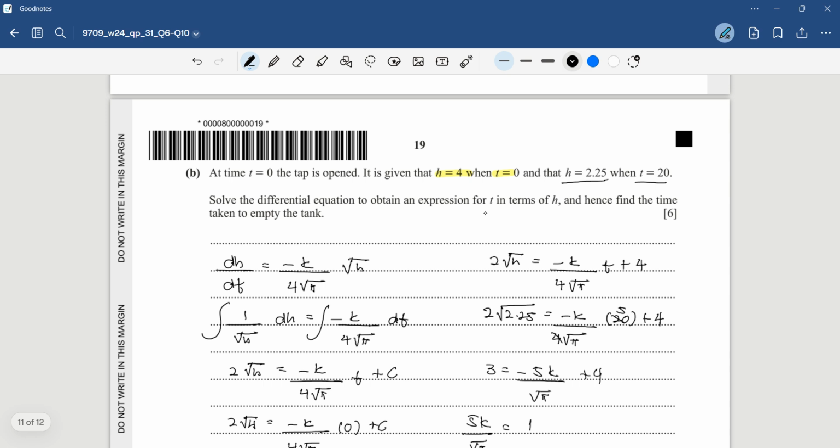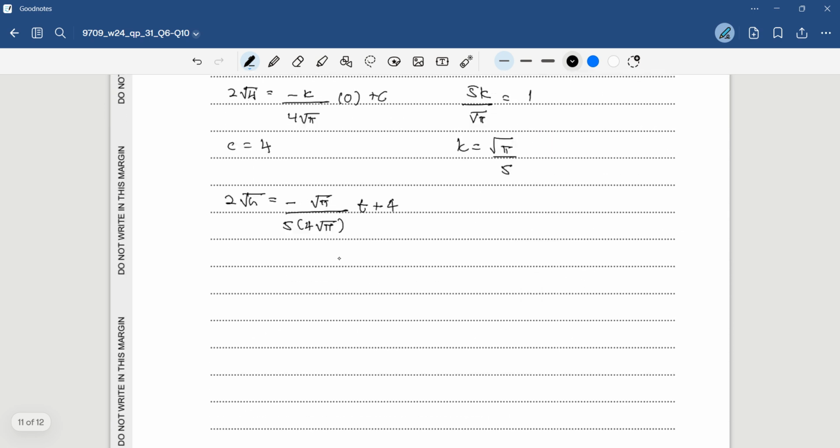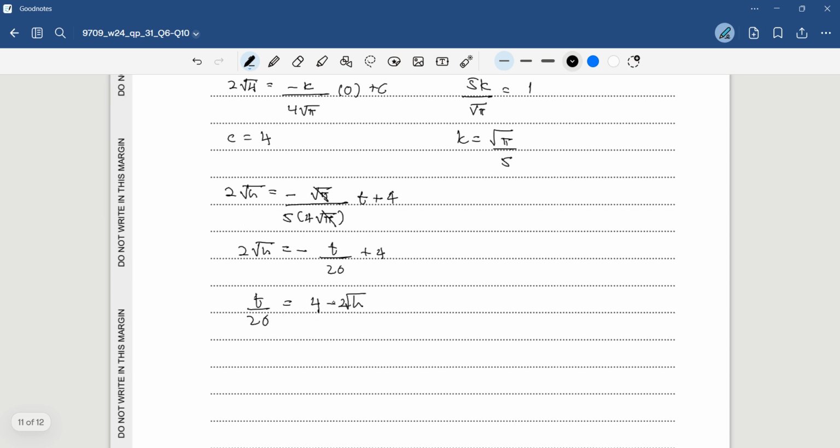The question here asks to find t in terms of h, so we rearrange, we can cancel this. So 2√h equal to negative t over 20 plus 4. So t over 20 equal to 4 minus 2√h.